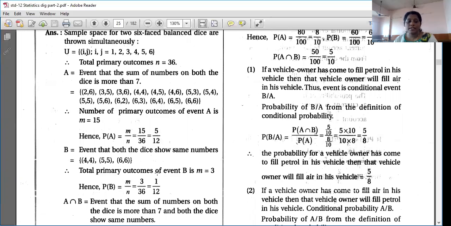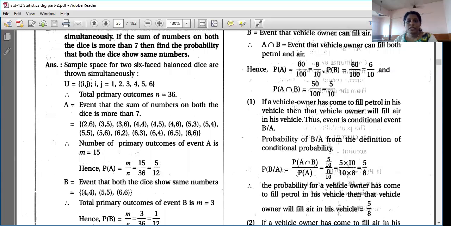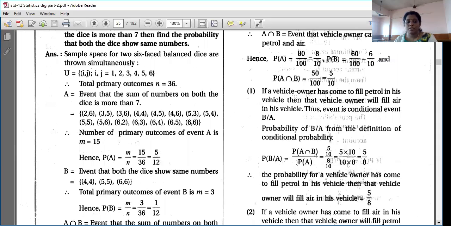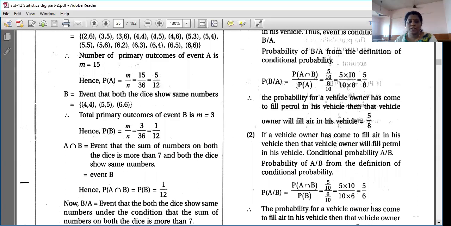Now what you have to find is A intersection B, right? So what here it is said, see, find the probability that both the dice shows same numbers. Should be more than 7 and shows the same number. So वो क्या होगा?